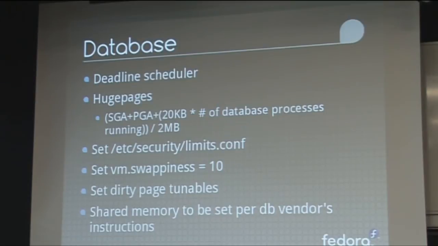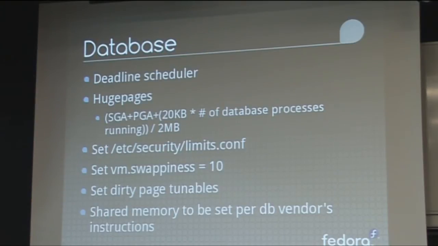And then accordingly, you'll want to set your security limits.conf. You'll want to set your swappiness down to 10, because otherwise you'll start thrashing your disk when you get high loads on your database. This can cause your system once again to bog down and possibly even crash.